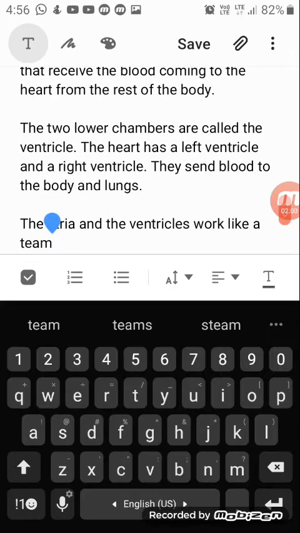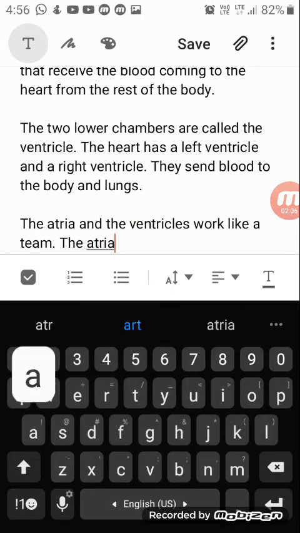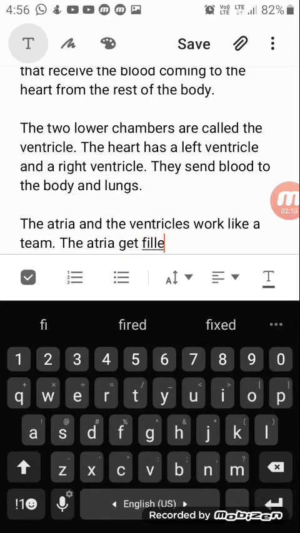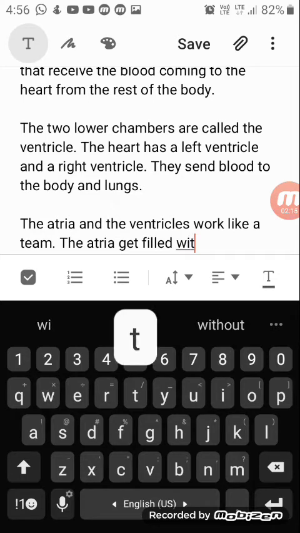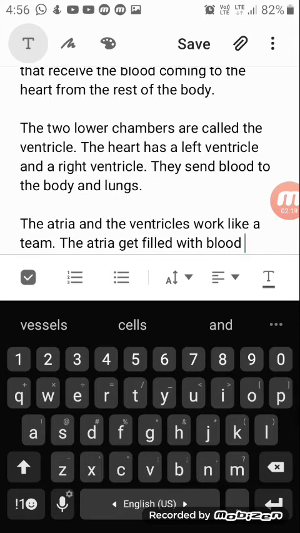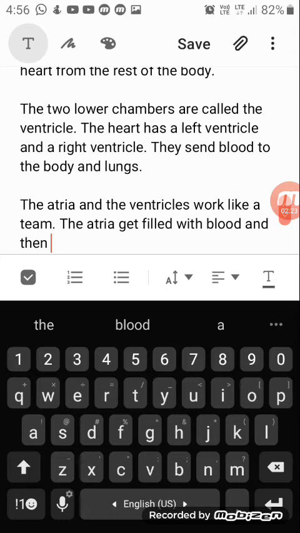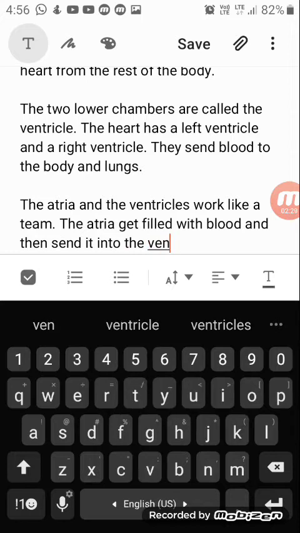The atria and the ventricles work like a team. The atria get filled with blood and then send it into the ventricles.